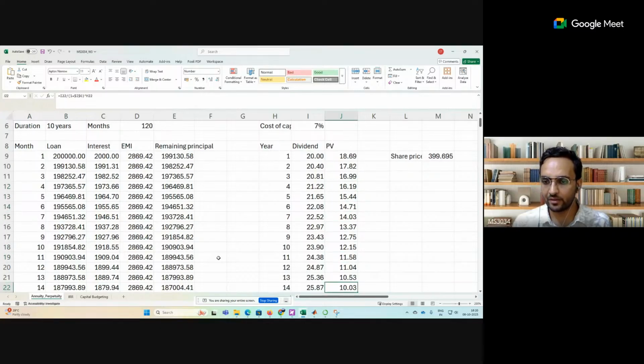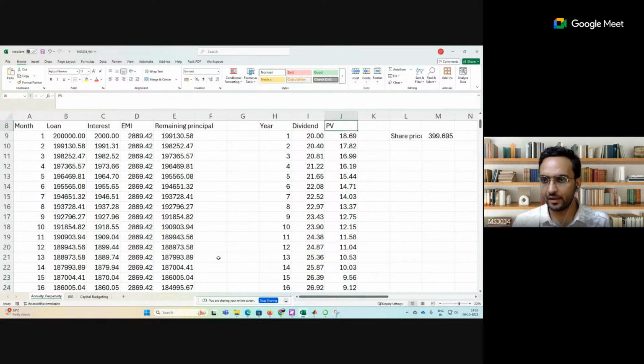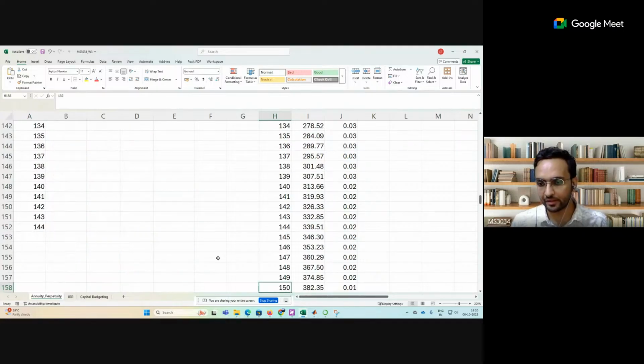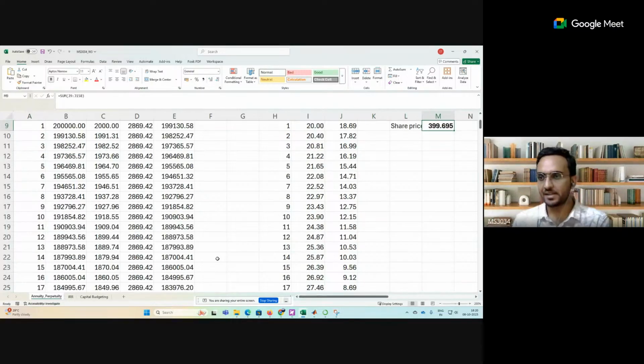Then we sum these present values. I have taken 150 years in this calculation, and the share price comes out to be 399.695 rupees.